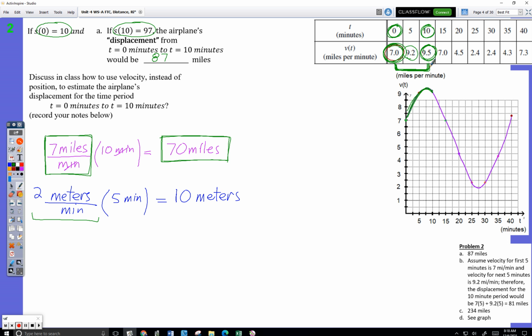They say, let's assume that for the first 5 minutes, the velocity of the plane is 7 miles per minute. But let's only assume that for 5 minutes.